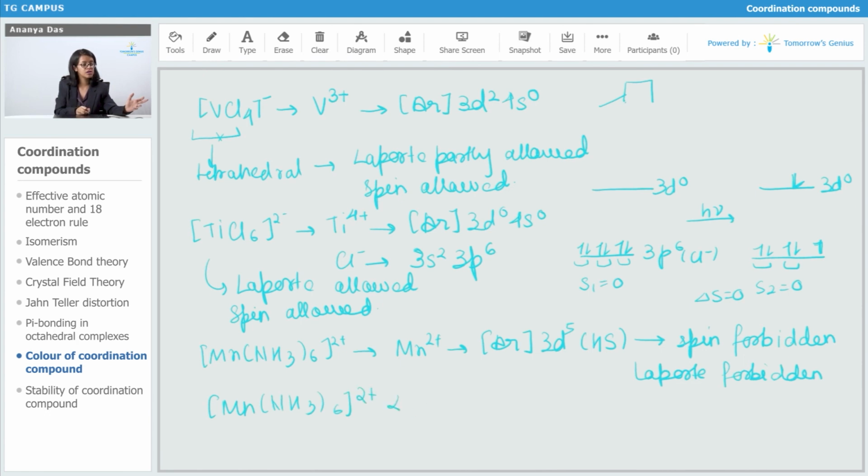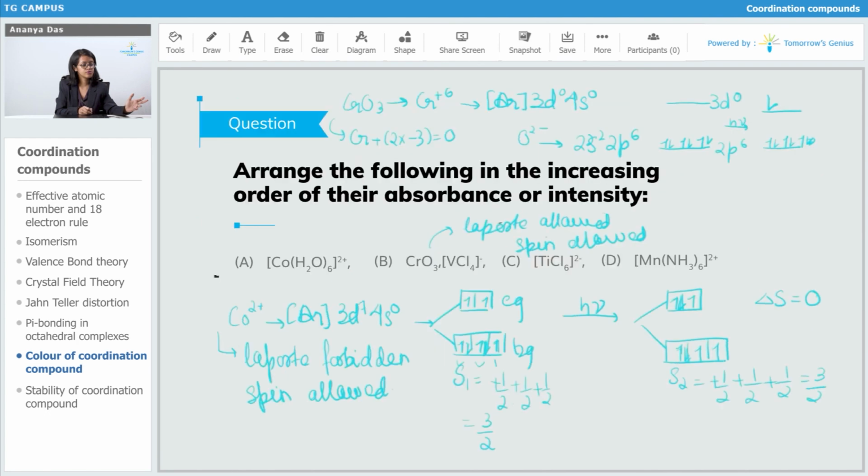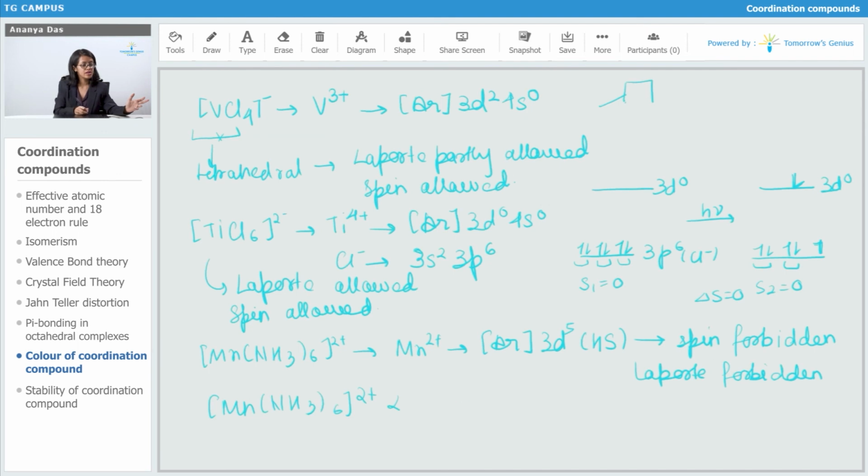Then we have the color of [Co(H2O)6]2+. After that we have VCl4-, and then the color of CrO3 as well as [TiCl6]2- is going to be equally intense.